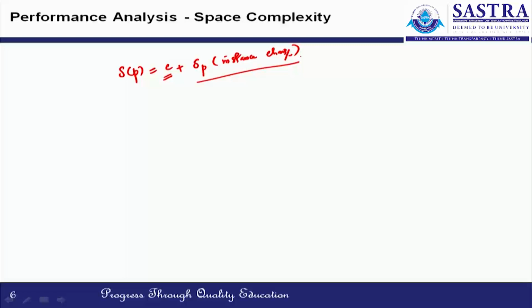Combining the memory for both fixed and variable parts, we have the space requirement of an algorithm, which is defined as S of P equals C plus S_P of instance characteristics. For example, let us find the space requirement of this algorithm.